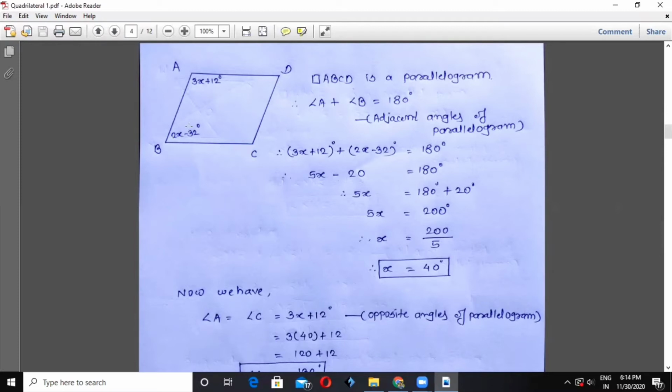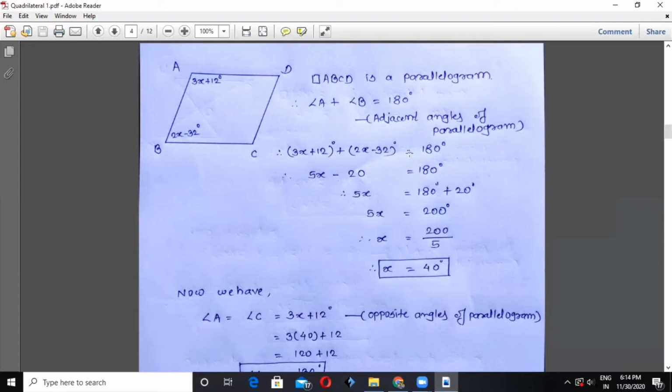Now as these two are adjacent angles of a parallelogram, the measure of angle A plus the measure of angle B will be equal to 180 degrees, because adjacent angles of a parallelogram are supplementary. I will replace the values. The measure of angle A is 3x plus 12 degrees and the measure of angle B is 2x minus 32.